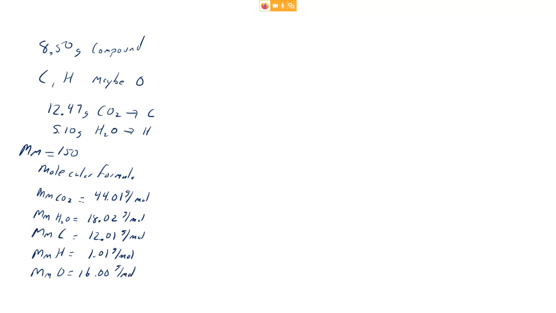grams per mole. So what I'm going to do is take this mass of carbon dioxide and find the mass of carbon. So I'm going to take 12.47 grams. And this is just like before, really, really important: I have to go to moles to be able to compare amounts. So I have to divide by the molar mass of 44.01.